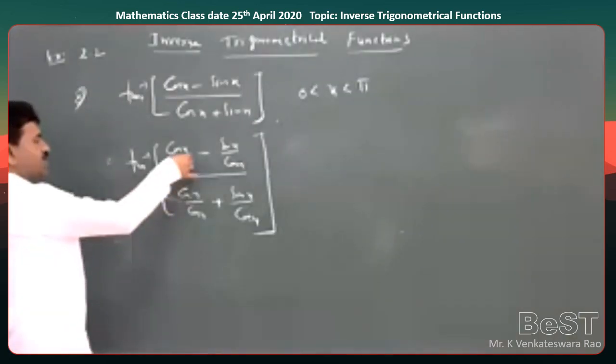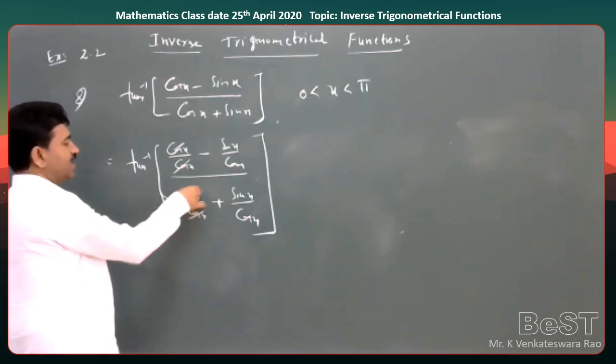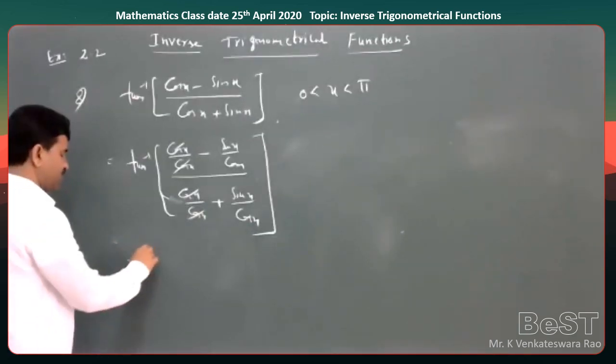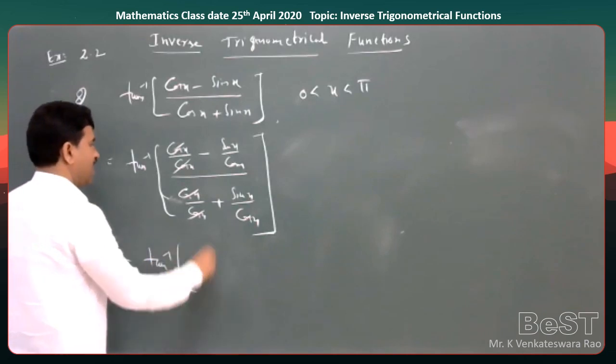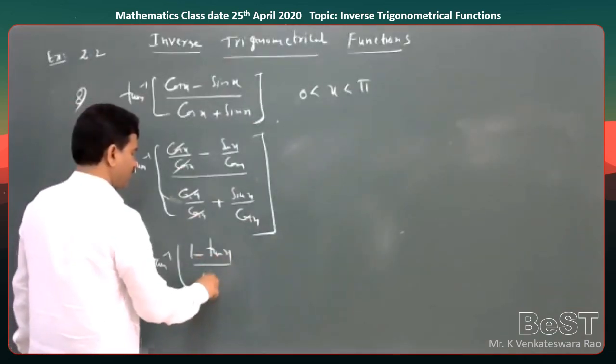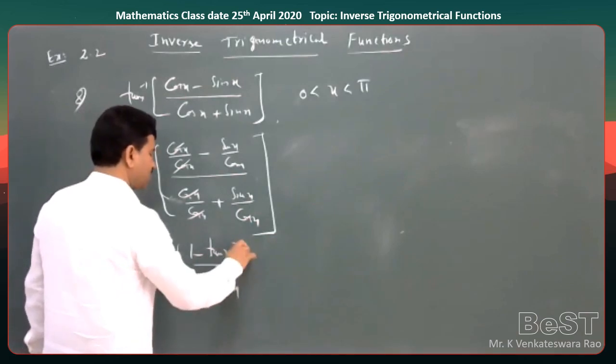See the cancellations: cos x cancels. So this is tan inverse of 1 minus tan x by 1 plus tan x.